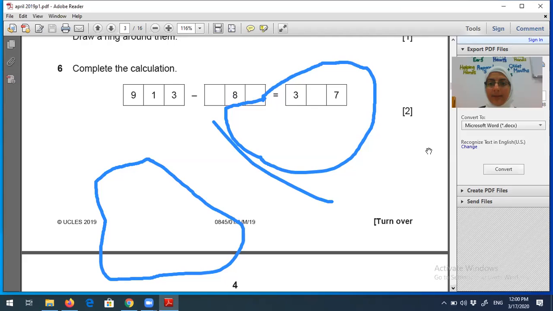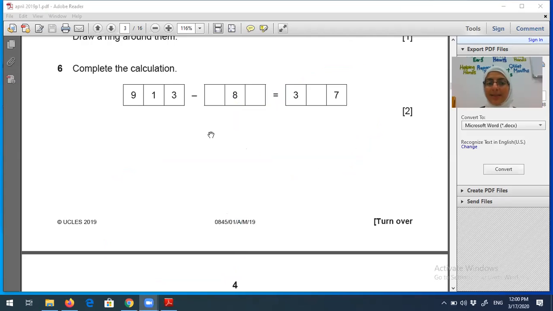Okay, in this question, guys, he's telling you complete the calculation. How can I find this? What's the best way to do it? The best way is to put them under each other. I'm going to write here, for example, 913 minus a space, and then 8, and then a space, and then here 3, 7.